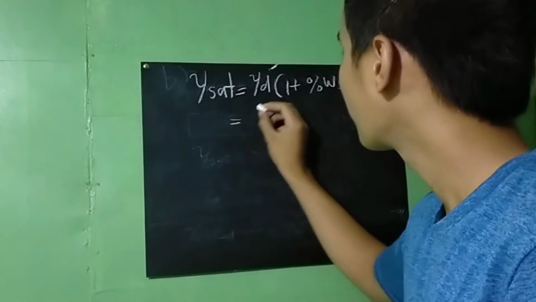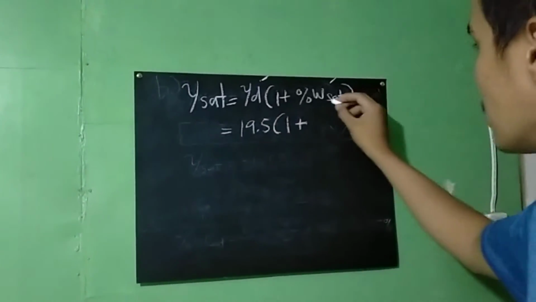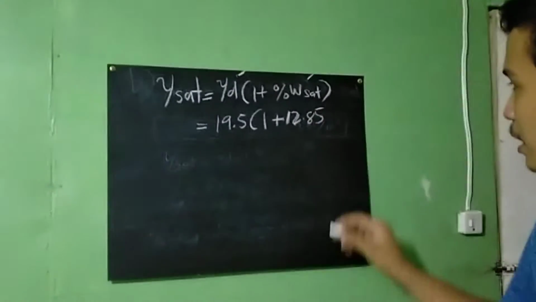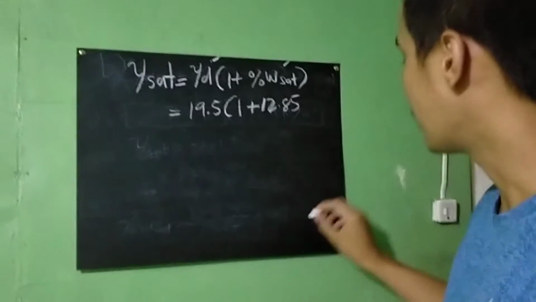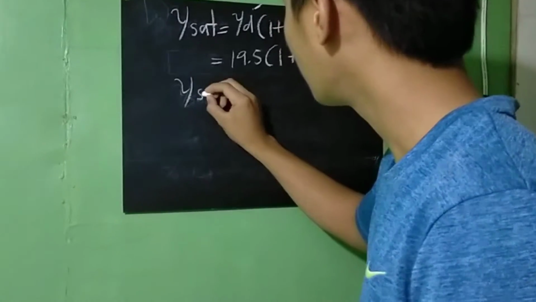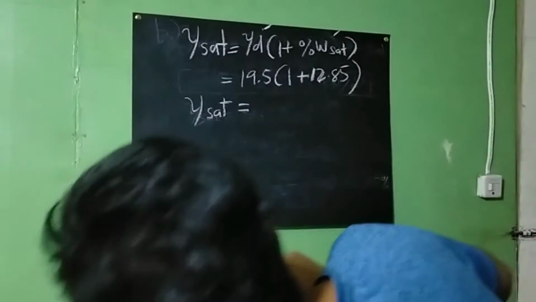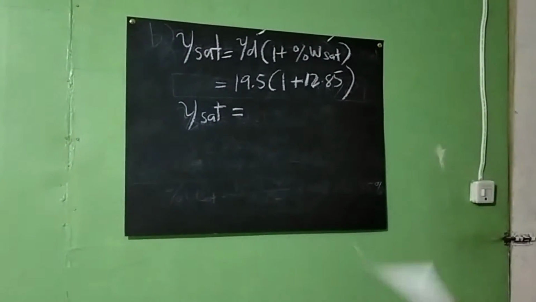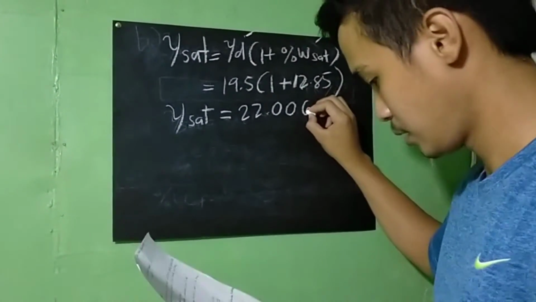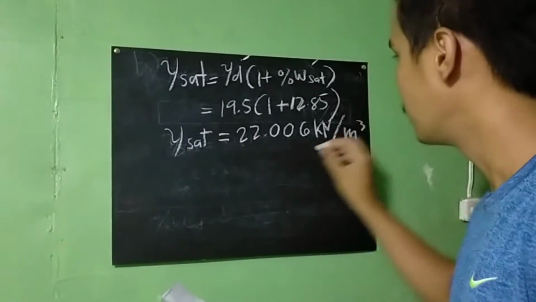So 19.5 times 1 plus 12.85, the answer that we have come up with. So simplify, then we have found out that the saturated unit weight is equal to 22.006 kilonewton per meter cube.